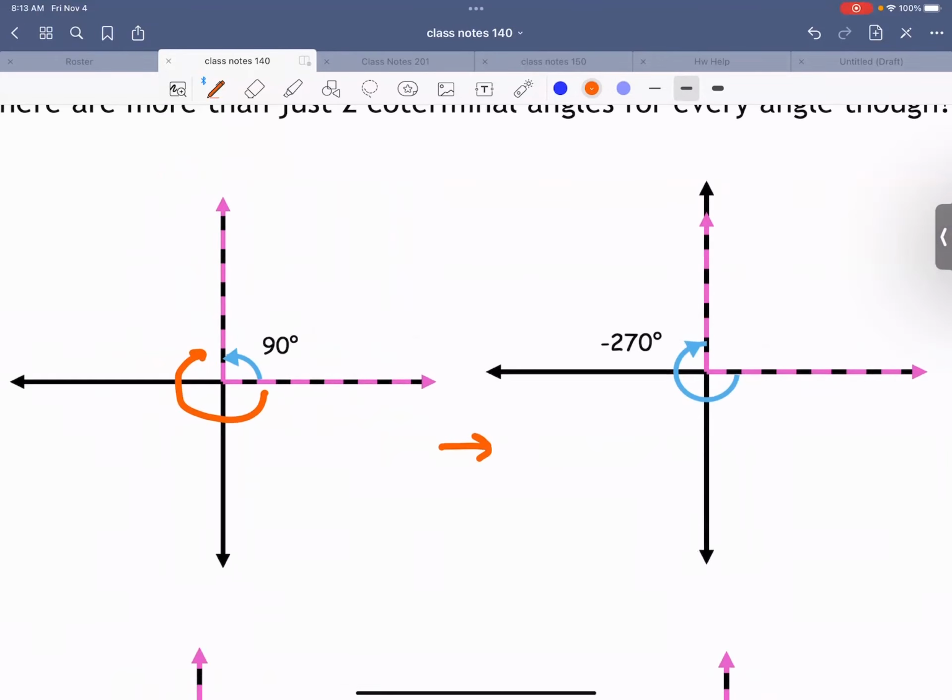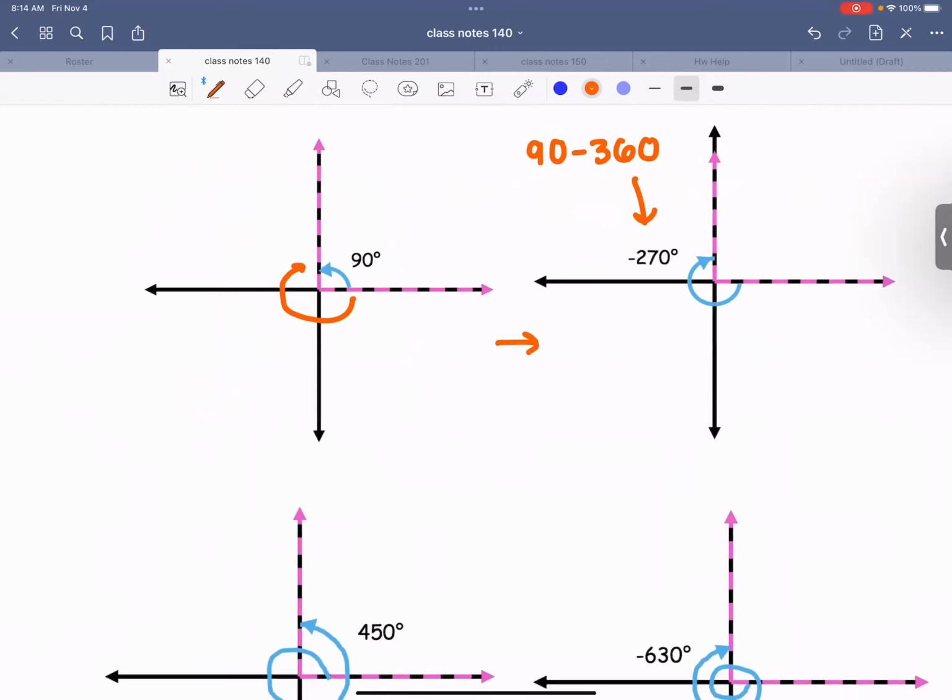Now I got negative 270 by taking 90 and subtracting off 360. So you can subtract off 360 to get different types of angles as well.